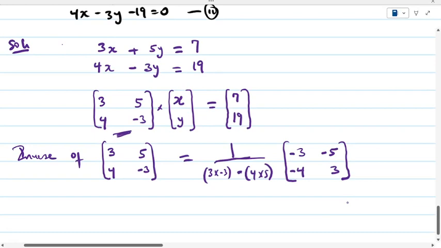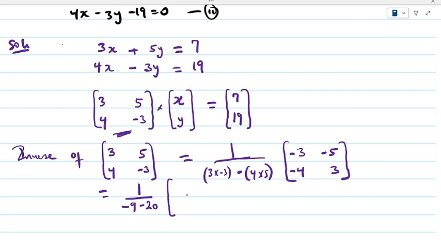Okay, let me simplify it further. I'm going to have 1 over minus 3 times minus 3, that is minus 9, minus 20, that is 4 times 5. So I'm going to have minus 3, minus 5, minus 4, and then 3.